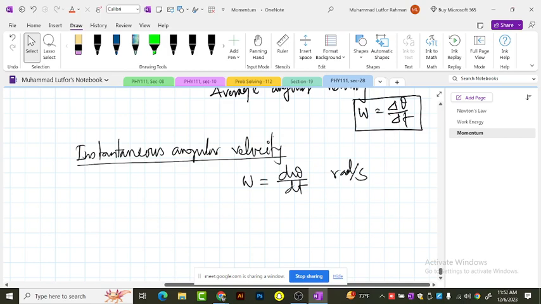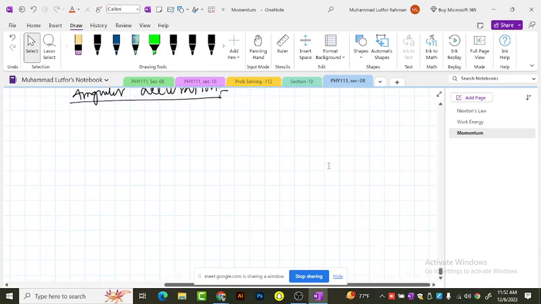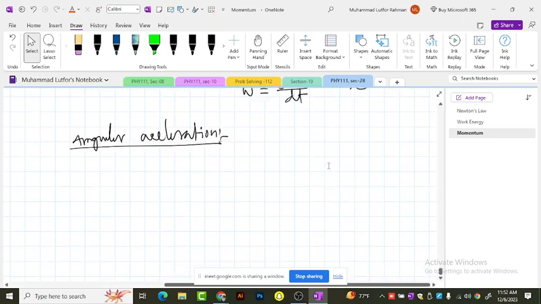In the same way we can write the angular acceleration, which is expressed by alpha.